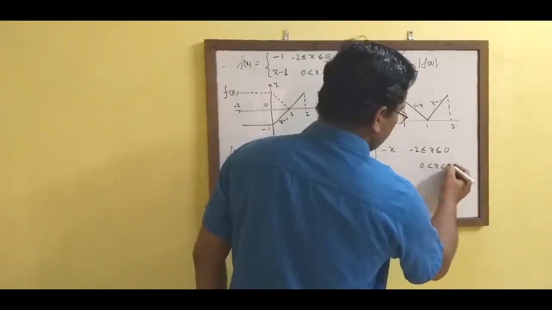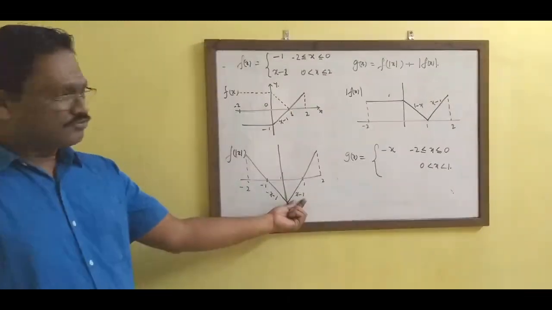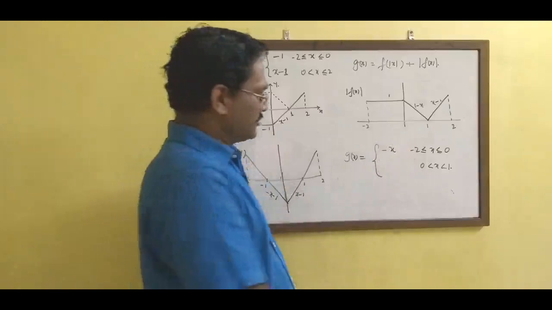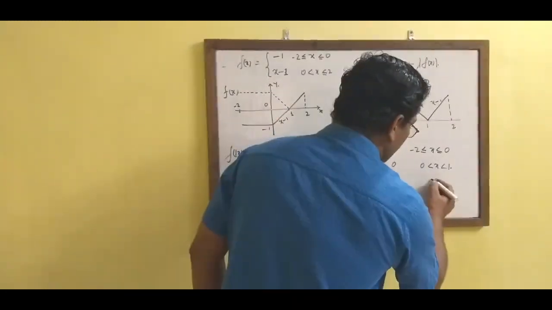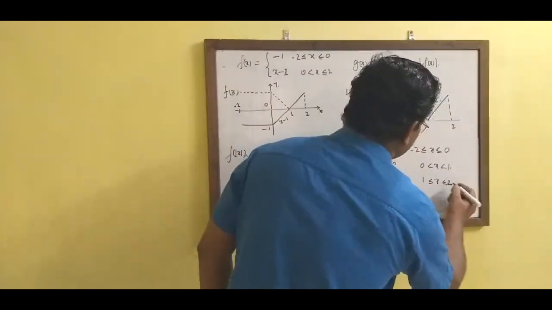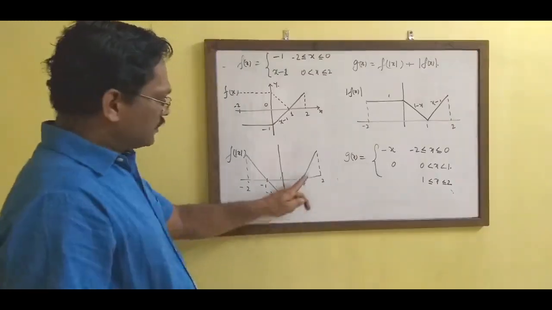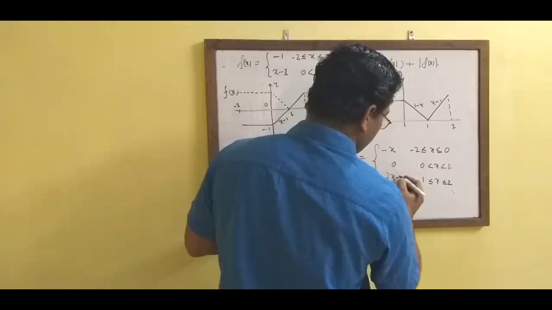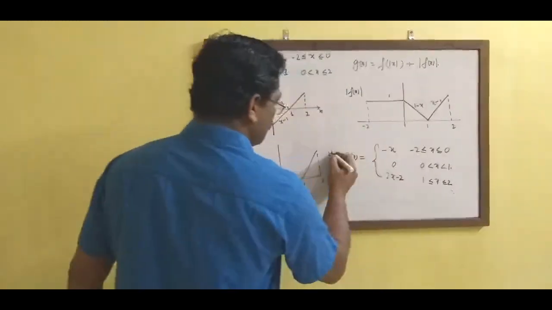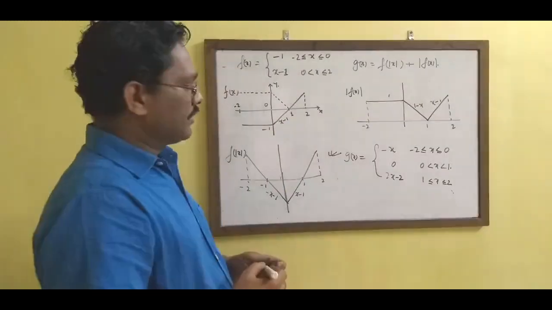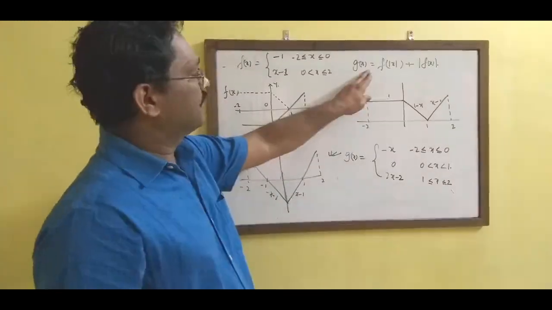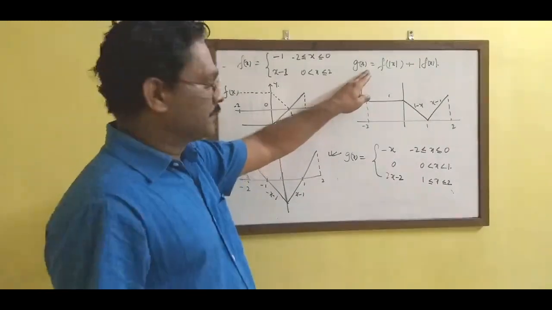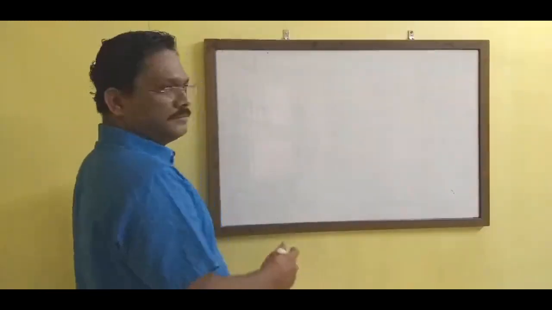Now for x lying between 0 and 1, x minus 1 plus 1 minus x gives you how much? 0. For x greater than or equal to 1, less than or equal to 2, x minus 1 plus x minus 1, both of them combined gives you 2x minus 2. So this is a faster geometrical way of getting the definition of g(x).